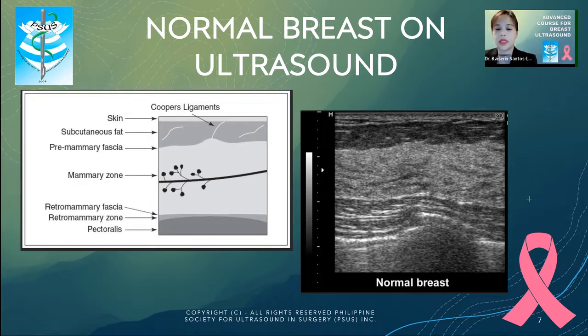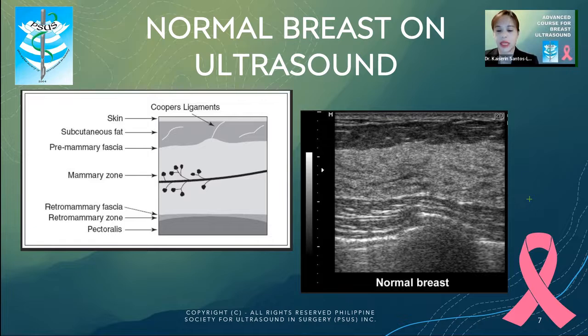To know what these layers are, we have to familiarize ourselves with the normal breast anatomy on ultrasound. We have to have the discipline to make sure we see all these layers as we perform the ultrasound at point of care, to train our eyes and the brain to see the different shades in the grayscale.